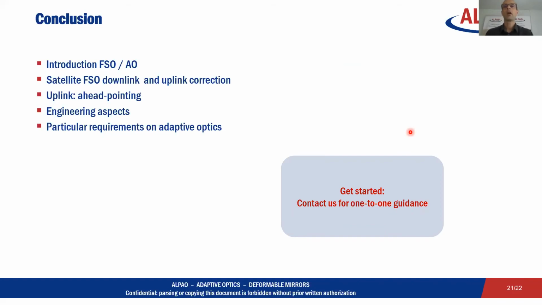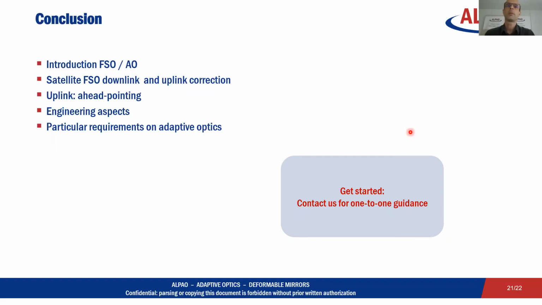Okay, so I'm almost done with the presentation. The conclusion is presented here. I started with an introduction to FSO and AO. I then followed with an explanation of downlink and uplink correction in satellite FSO.